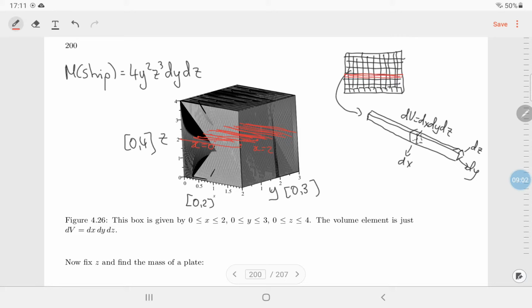So you understand this is a plank. So if you add up from, say, y equal to 0 to y equal to 3, all those sticks, you're getting the mass of what you could call a plate. I know it doesn't look like it, but that's only because I'm bad at drawing.